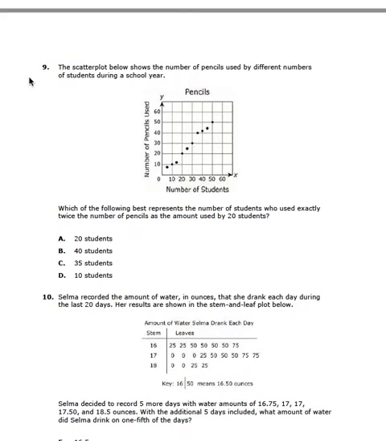Question 9. The scatter plot below shows the number of pencils used by different numbers of students during a school year. Pencils. Number of students. Number of pencils used. Which of the following best represents the number of students who used exactly twice the number of pencils as the amount used by 20 students?